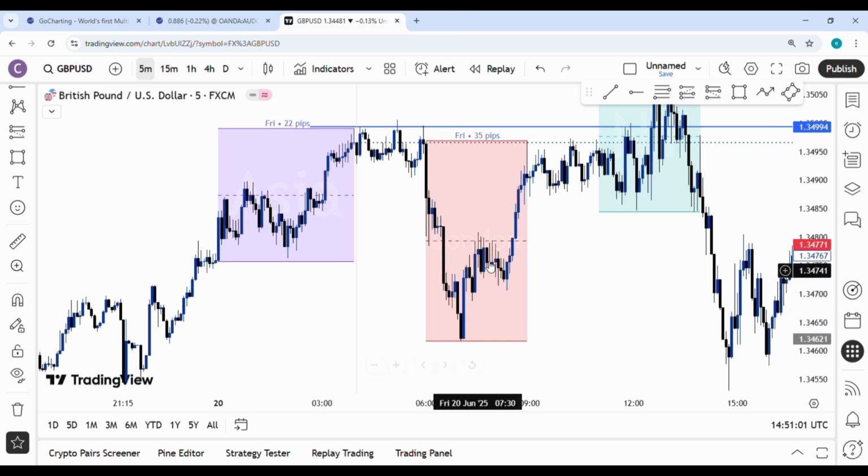And once it's 10 o'clock, the London session closes. We work with time. If the break of structure does not occur between 7 o'clock to 10 or 11 o'clock, no more trading for that particular day, as far as you are trading the London Killzone. We work with time.